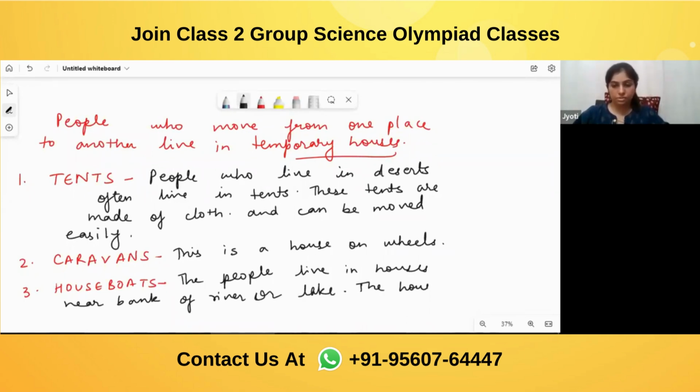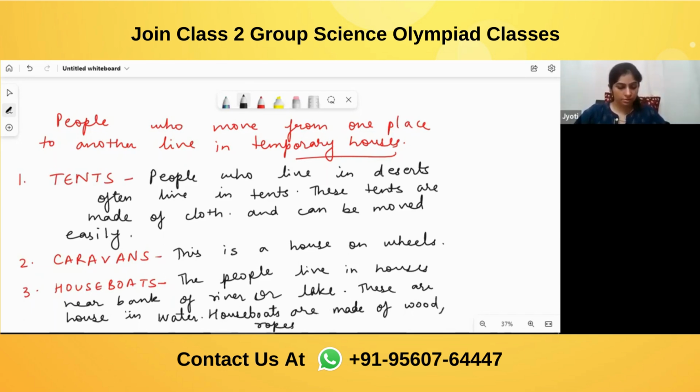The houseboats are houses in water. Houseboats are made of wood, ropes, straws, and bamboo.